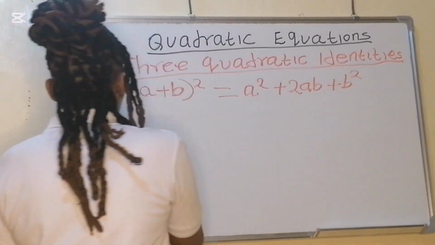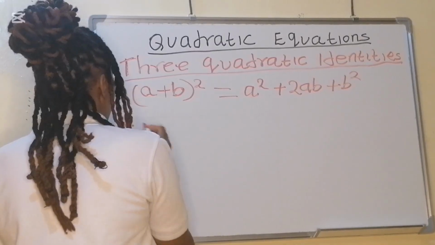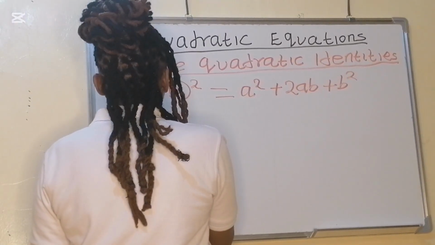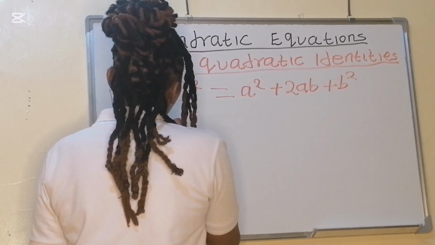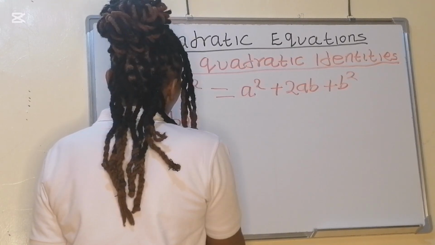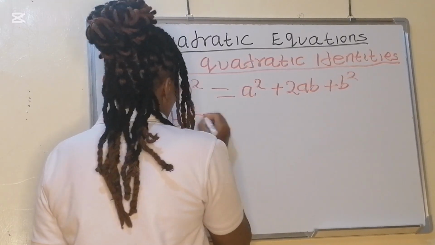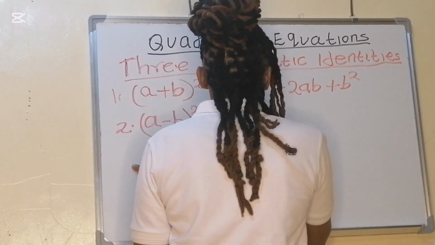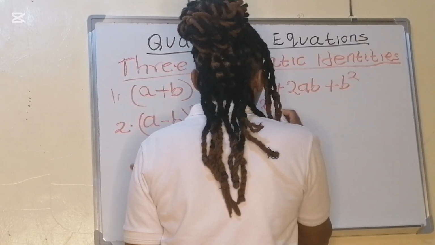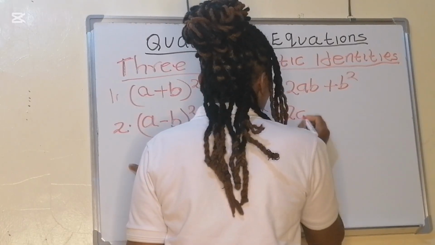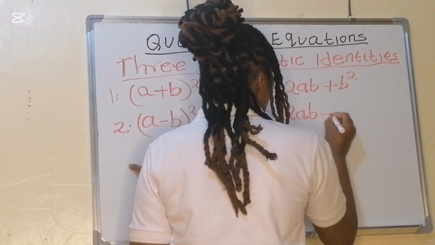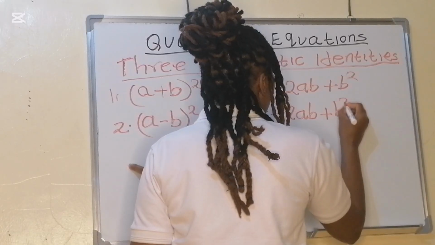Okay, the second, a minus b squared is equal to a squared minus 2ab plus b squared.